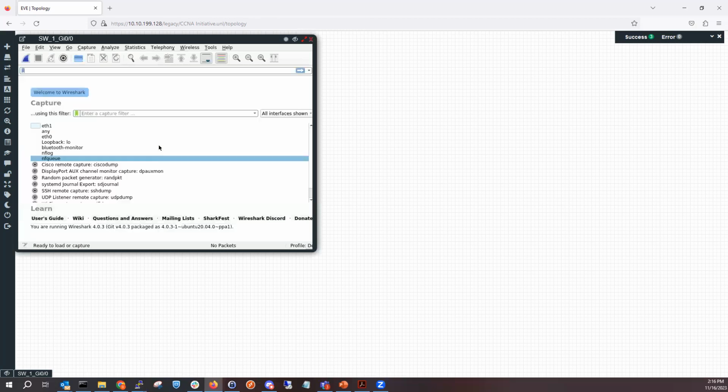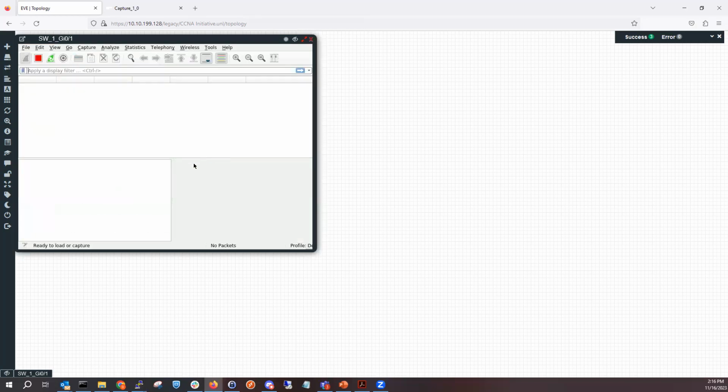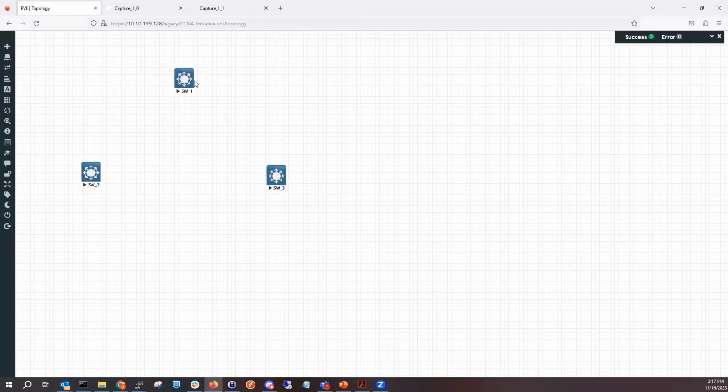We'll start those packet captures. Maybe it'll capture, maybe it won't. Typically, something has to be connected for EVE-NG. I'm going to start it just in case we get something connected. Let's have these run in the background. One is interface 0, one is interface 1. Let's plug one up to switch 2.